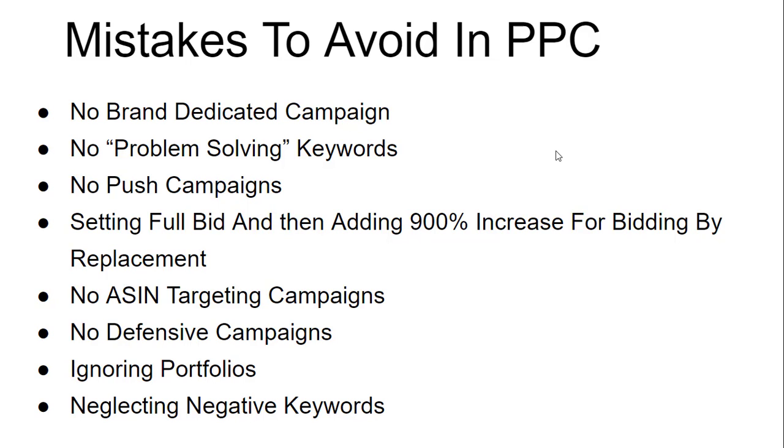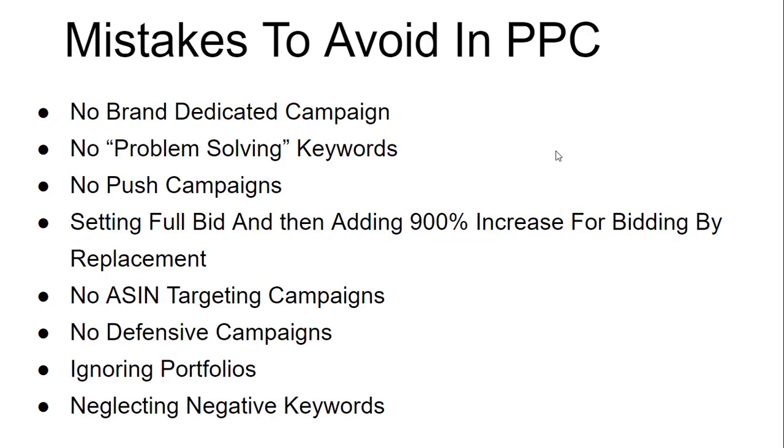The next mistake people make is that they don't go for push campaigns. Push campaigns help you in getting more organic sales. In push campaigns we run PPC ads campaigns on our top 5 researched keywords with the bids set on the higher side. Yes, your cost will be high, but it will impressively help your organic ranking and your organic sales.